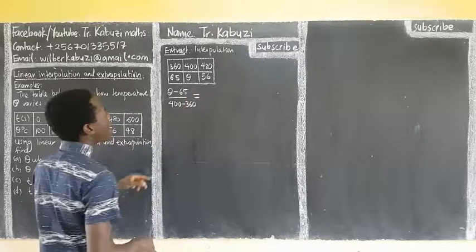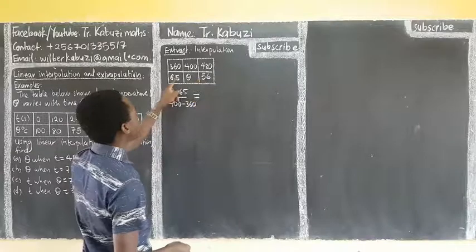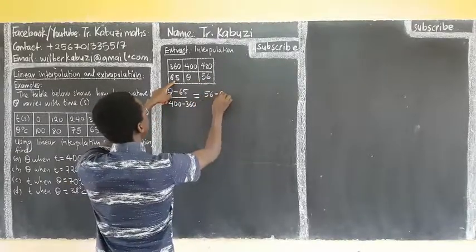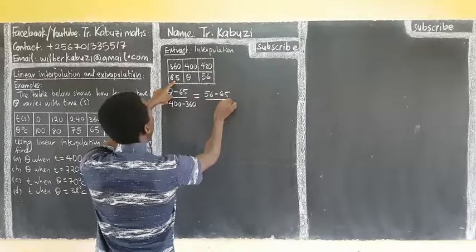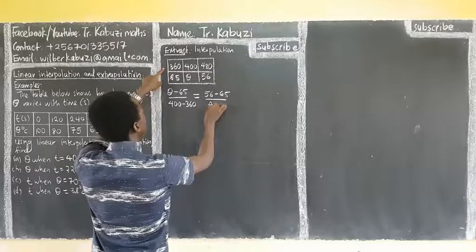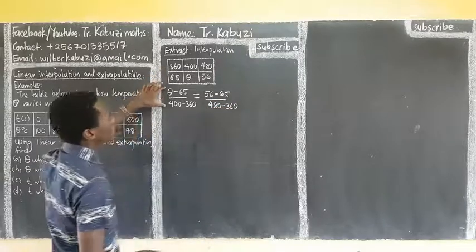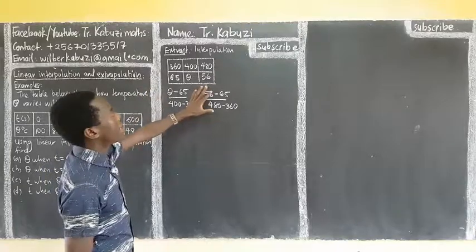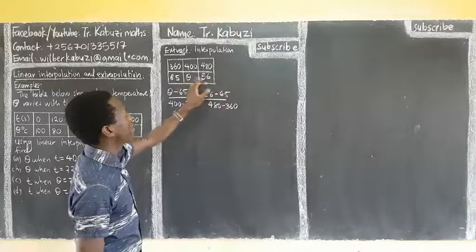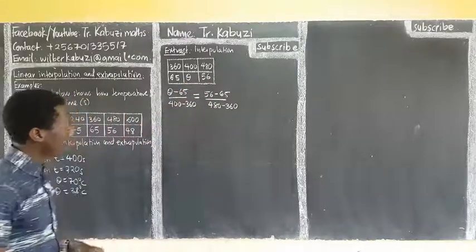It will be the same as, now we take this one without unknowns, this minus this. So 56 minus 65 over 180 minus 360. You take one with unknown, and then the other gradient you take with only knowns. You take this one without any unknown. We are taking this and this because we want to get that unknown.